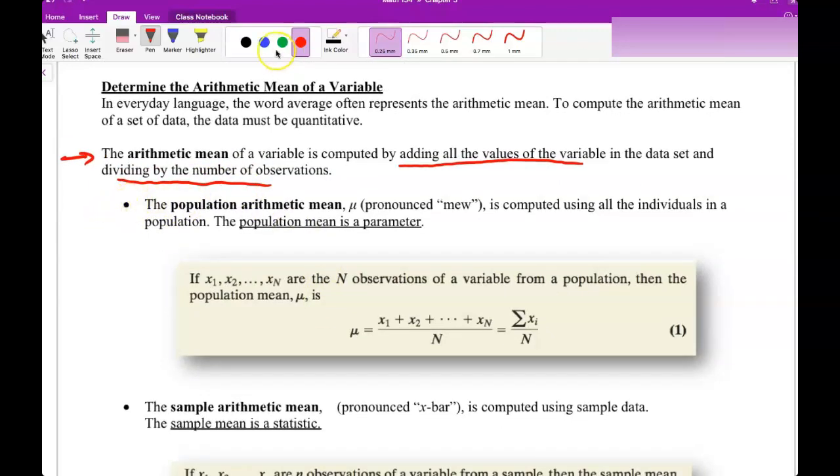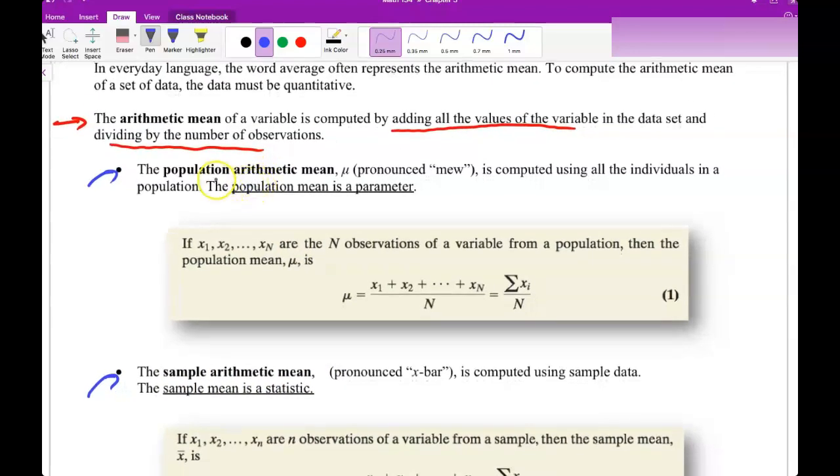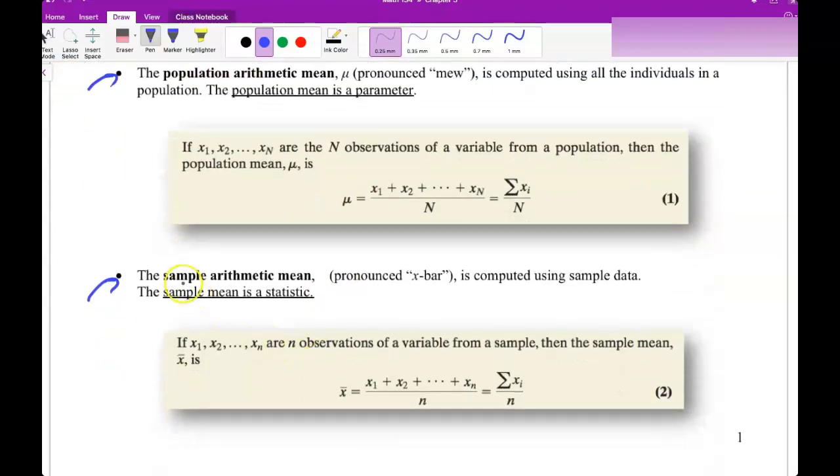Now in the first part, here we have the population arithmetic mean. The next one is the sample arithmetic mean. The difference is that when you have a population and you're trying to find the average, you use mu. But when you're working with a sample, instead of mu we have x bar.